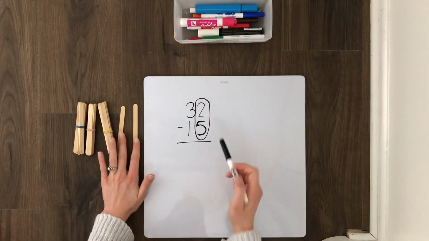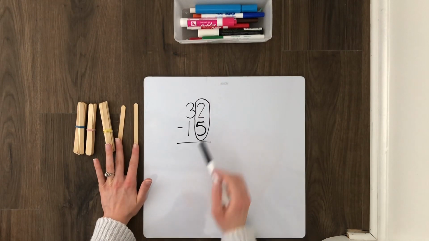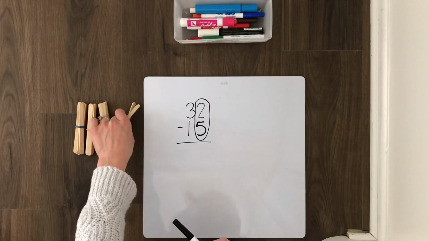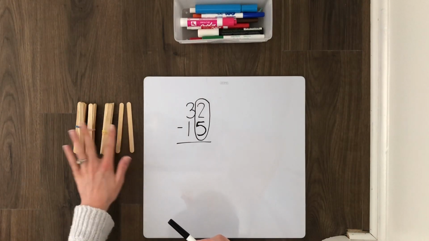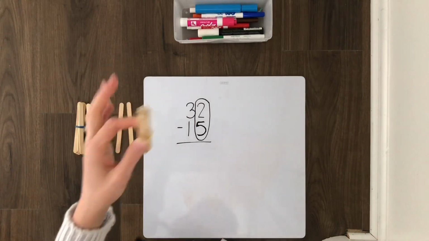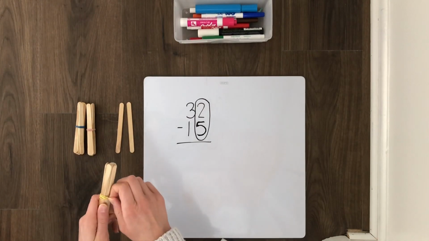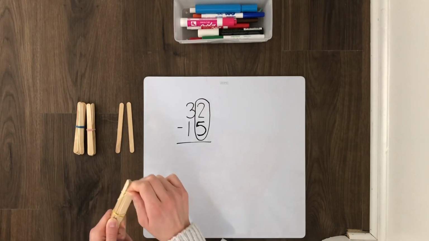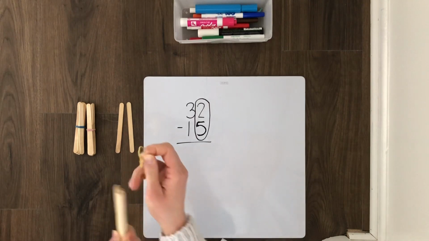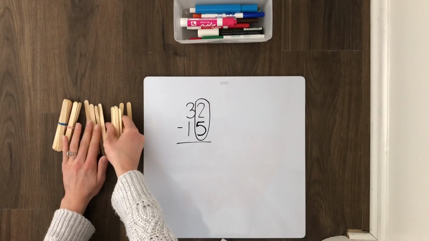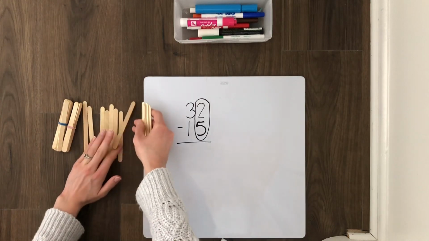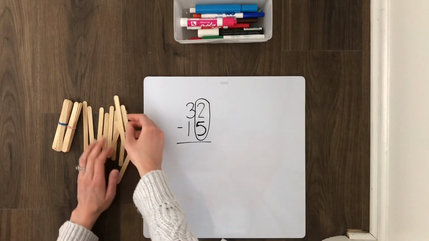We cannot subtract 5 ones because there's only 2 here. There's not enough. So what we're going to do is borrow a group of 10 and regroup them so that they become ones. We're just going to take the rubber band off and make them ones.